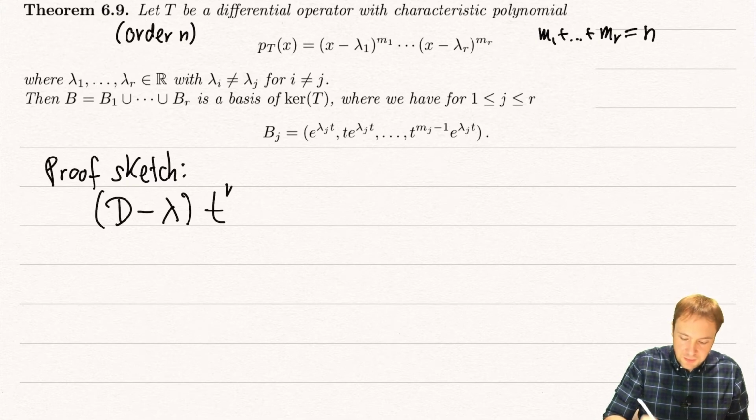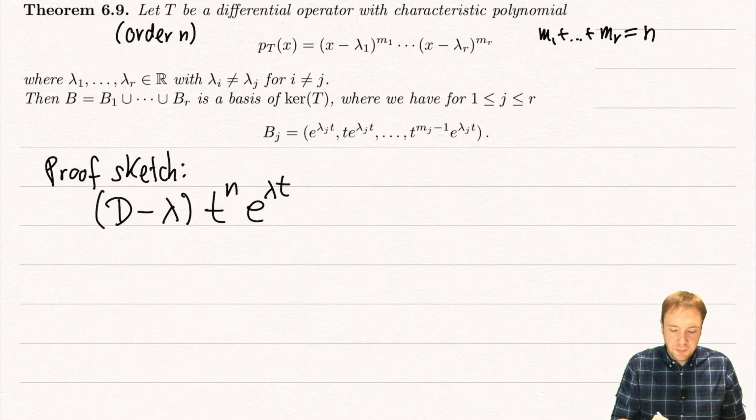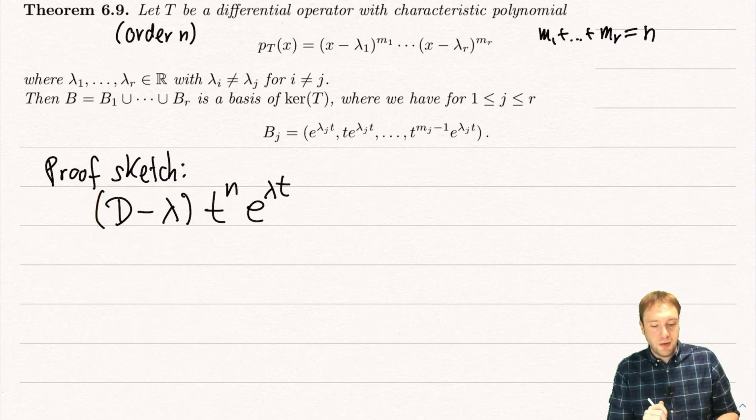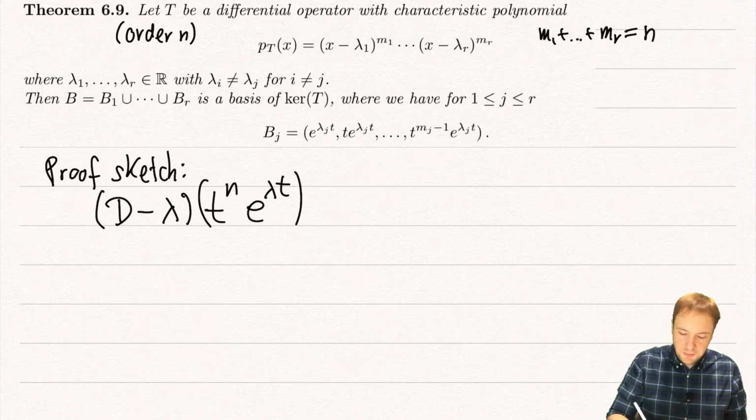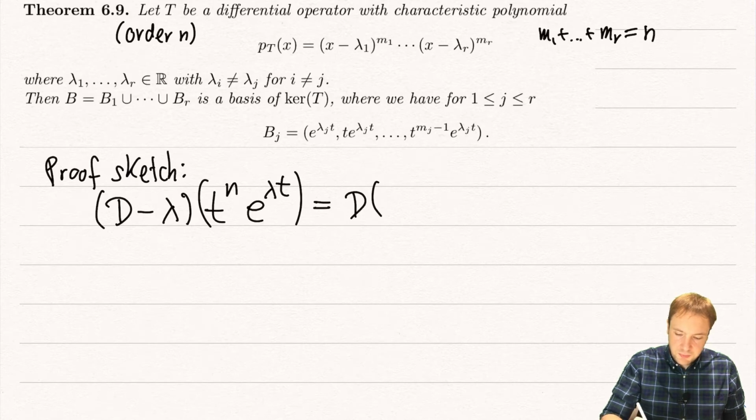So let's say I have t to the n times e to the lambda t, and I apply now this differential operator D minus lambda to this. So it would be more correct to say like this. So as before, this means I take the derivative of this minus lambda times this function.